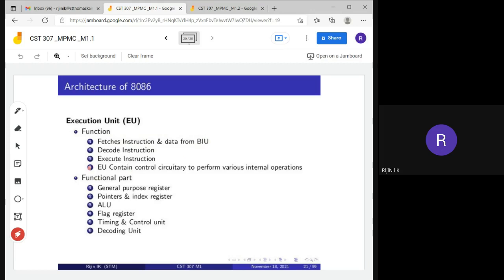The execution unit contains control circuitry to perform various internal operations. These are the functional parts: general purpose registers, pointers and index registers, ALU, flag register, timing and control unit, and decoding unit.